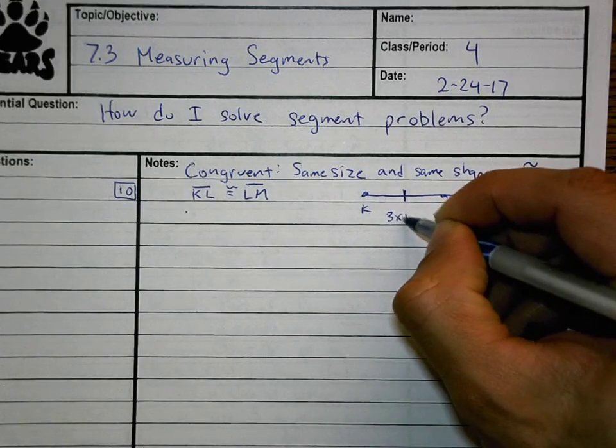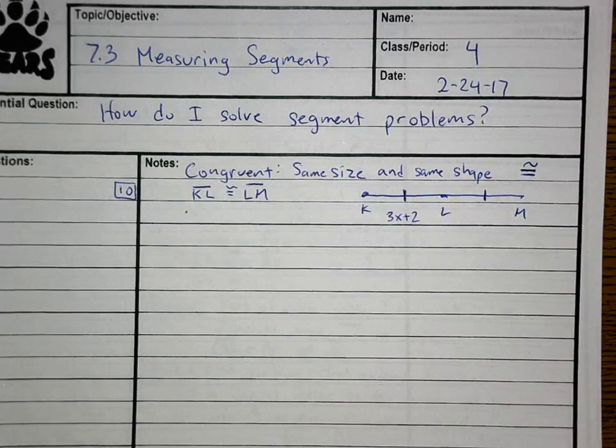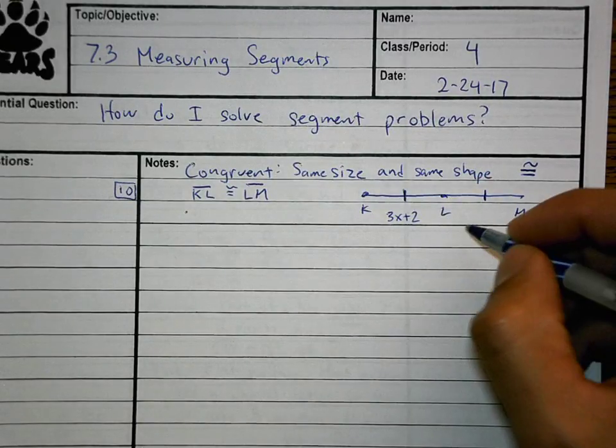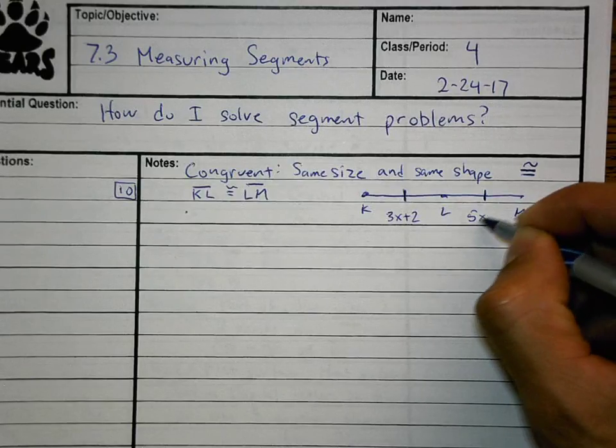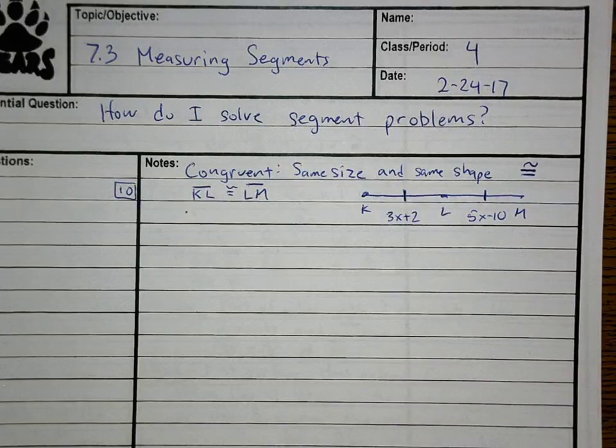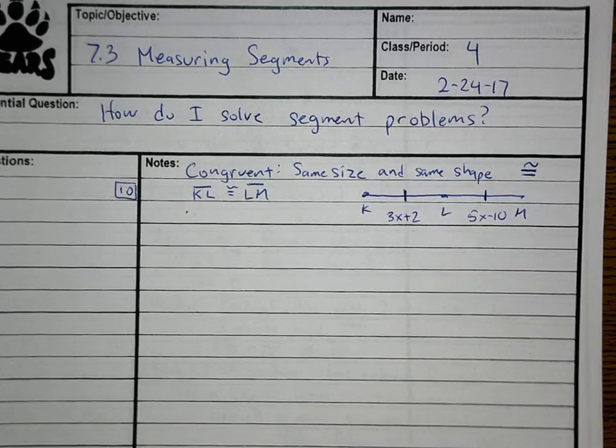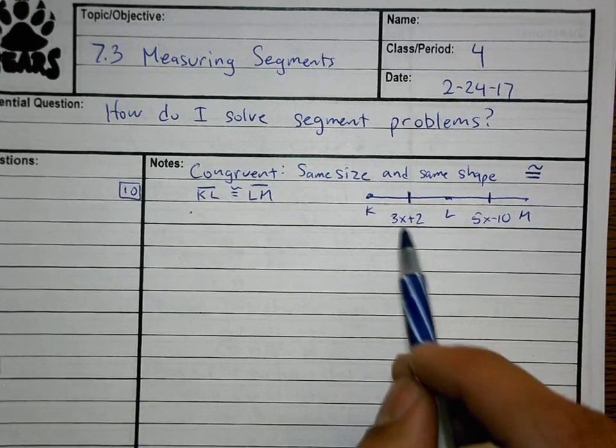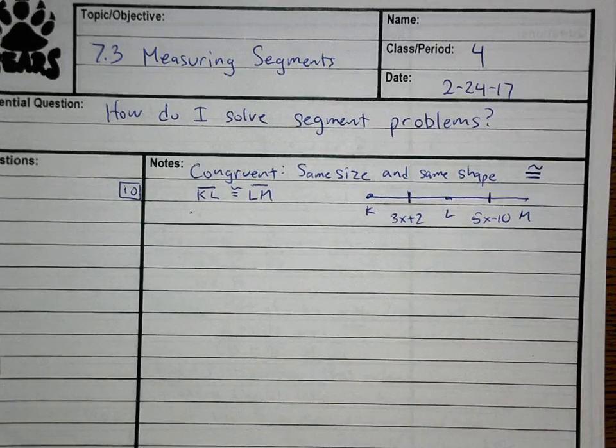And it will put down a measurement for KL, like KL is 3x plus 2. And they will put down that LM is the same thing as 5x minus 10. And so the majority of the problems that you're going to have to do will be dealing with the algebra between these two shapes.